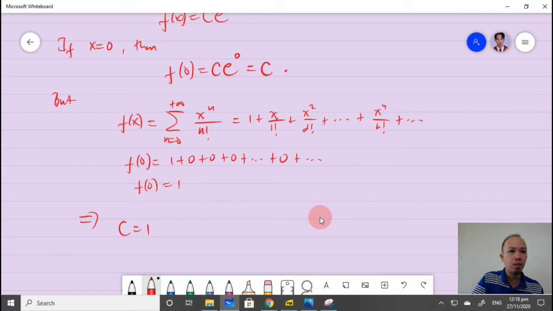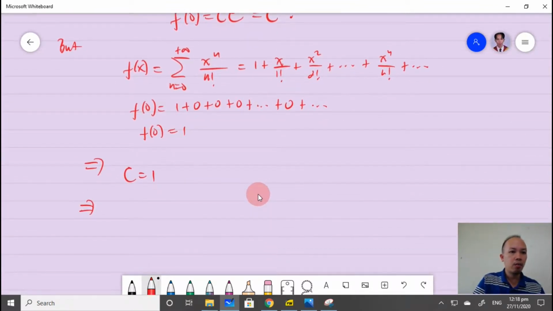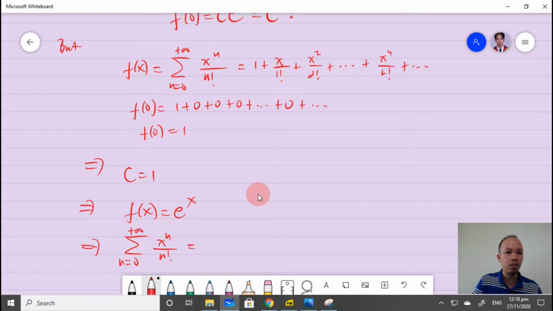Substituting here, this implies that f of x is equal to e to the x. But our f of x is summation of x to the n over n factorial, where n starts from 0 to positive infinity.